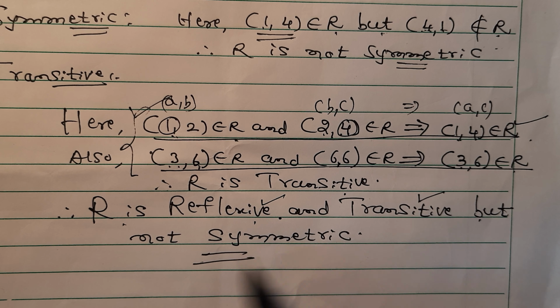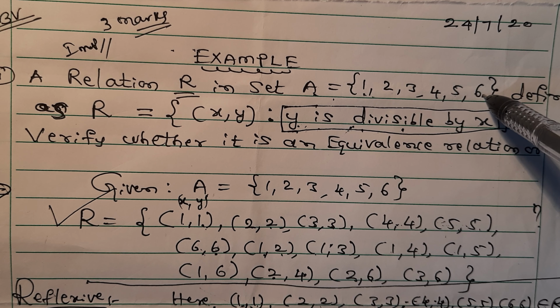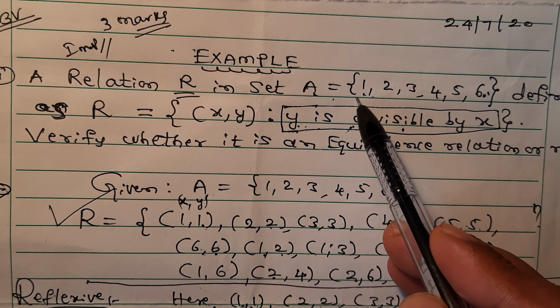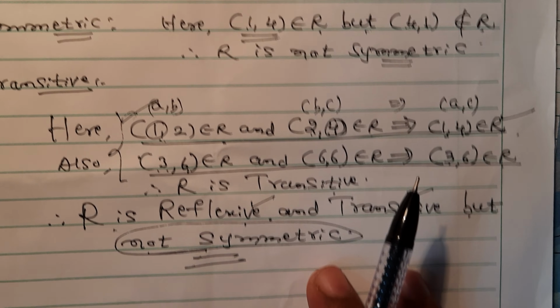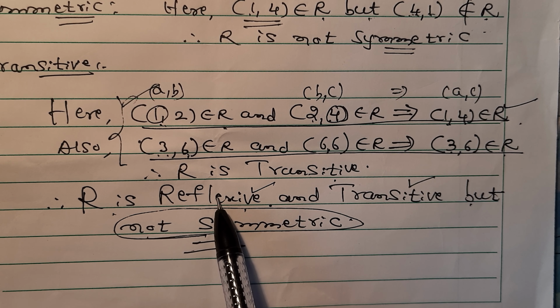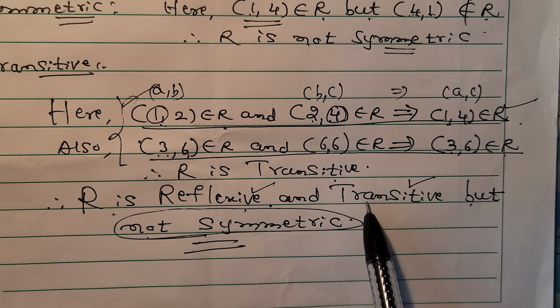Where is the example here? They have given here R equals this one, y is divisible by x, you remember this, on which set? On this set, 1, 2, 3, 4, 5, 6. It is defined on this set, so it is a finite set. This relation is, as we verified here, reflexive and transitive but not symmetric.